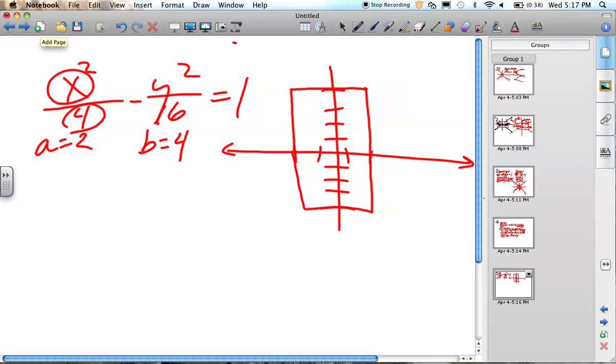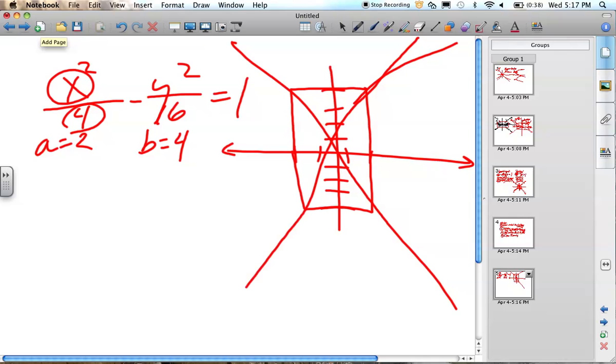My asymptotes then will come through as diagonals. Yeah, I know, this is terrible. Okay, because this is horizontal, it's under x. Here are my vertices, and so this thing is going to look like this.